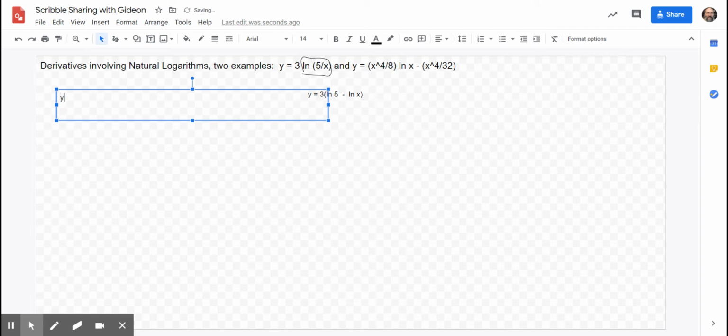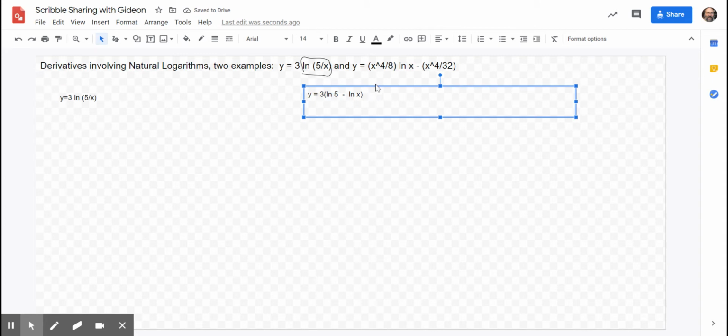Just y equals 3 ln 5 over x. I'm going to start with the transformed version, the other version, because it looks a lot easier to me. Wouldn't you agree?